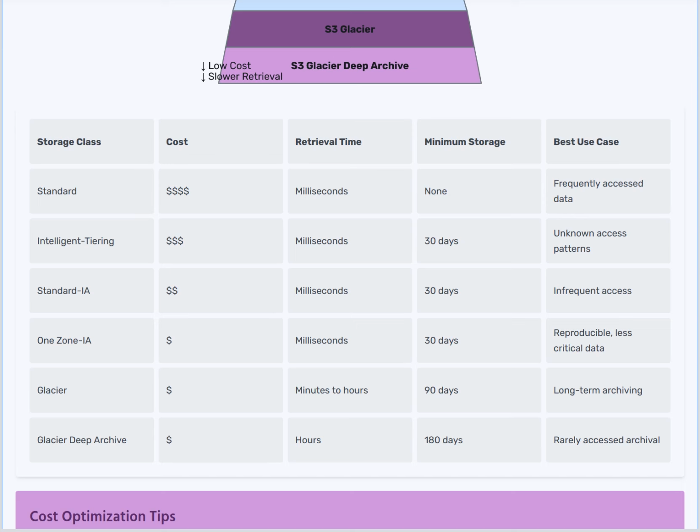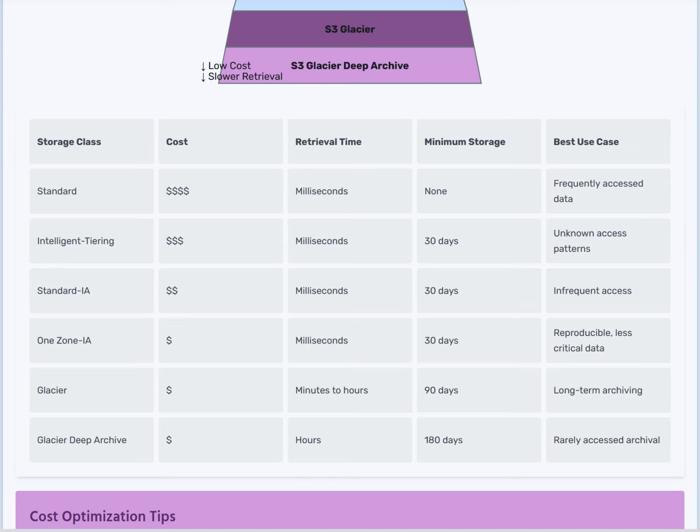Standard-IA: cost is less than Intelligent-Tiering, retrieval in milliseconds. You need to keep data 30 days before moving to another class, otherwise it will incur an early moving fee. It's for infrequent access. One Zone-IA: one availability zone, less than Standard-IA, milliseconds, and you have to keep 30 days.